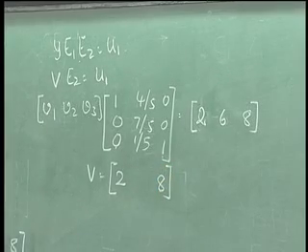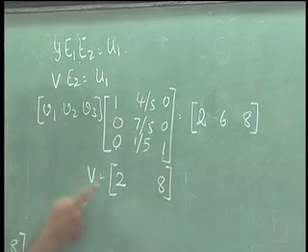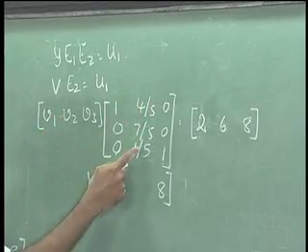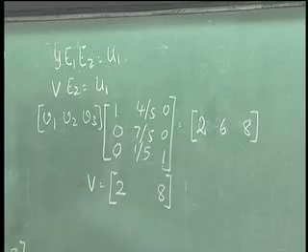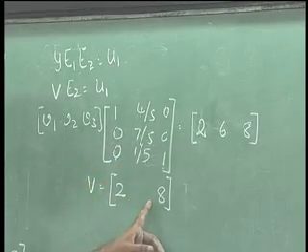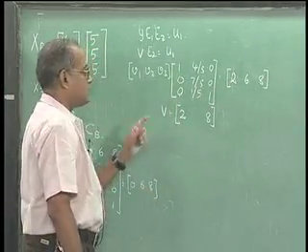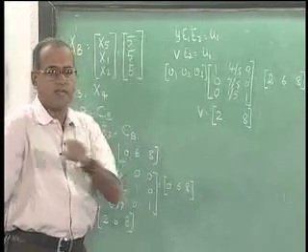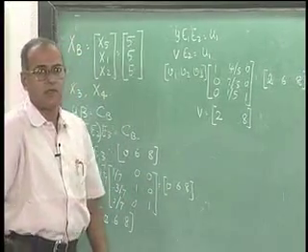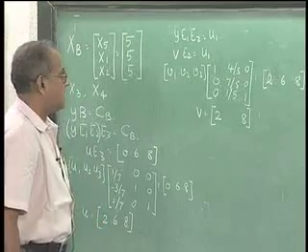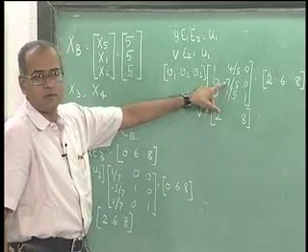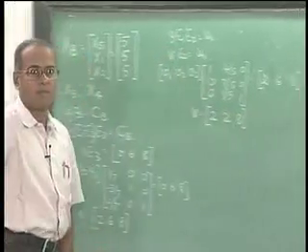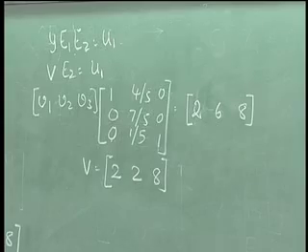Second one is 4 by 5 V1, which is 8 by 5, plus 7 by 5 V2 plus another 1 by 5 into 8, 8 by 5, is equal to 6. So, 8 by 5 plus 8 by 5 is 16 by 5. So, 6 minus 16 by 5 is 14 by 5. So, 7 by 5 V2 is equal to 14 by 5, therefore, V2 is 2. So, now we have found V.